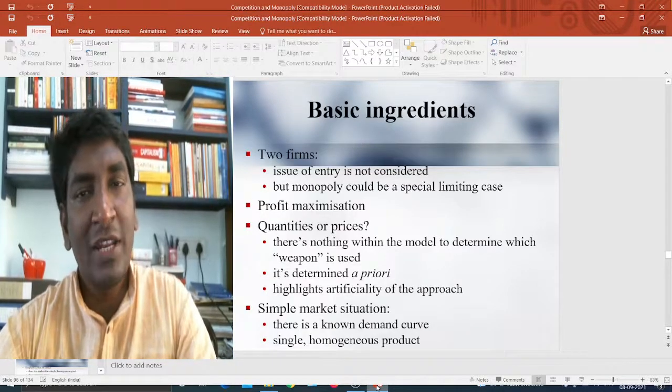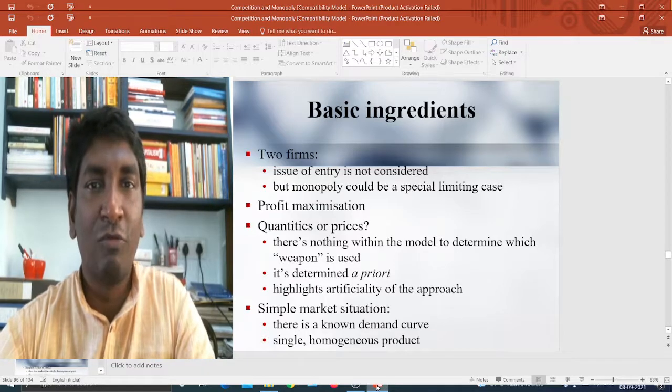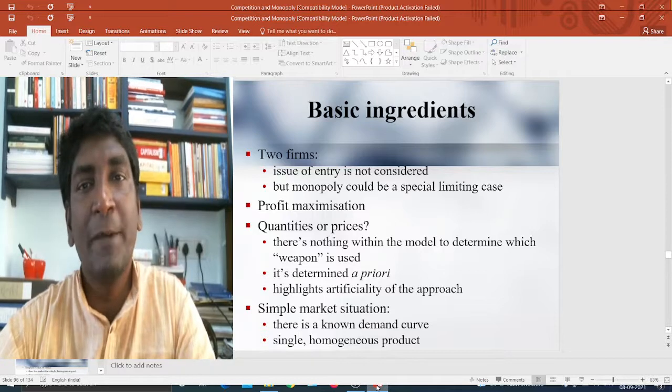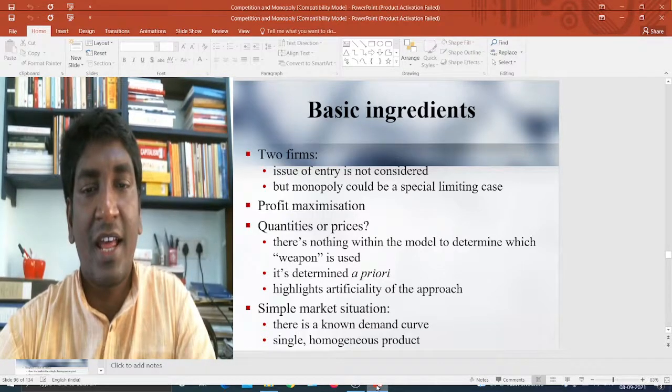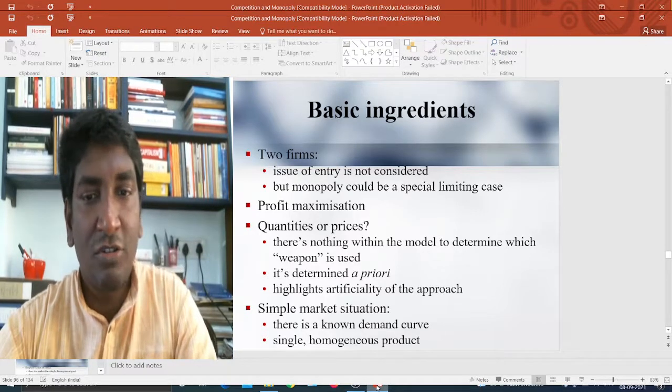By definition, we know that only two firms or two sellers exist in the market, and of course it is not a monopoly. So two firms exist, and the issue of entry is not considered at all.